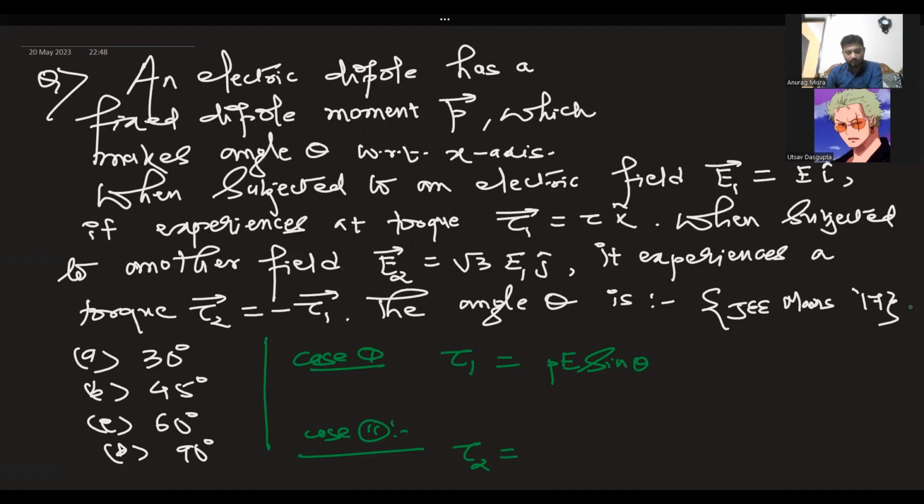Tau 2 will be equal to, বলতে পারি, E2 is root 3 E1. This was P E1, so this will be root 3 E1 multiplied by, it is given that torque is minus of T1. তার মানে অ্যাঙ্গেলটা কোন দিকে হবে? What will be the angle? Tell me.